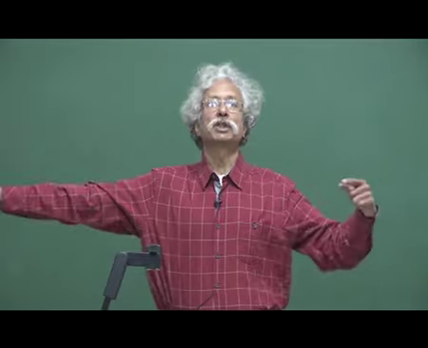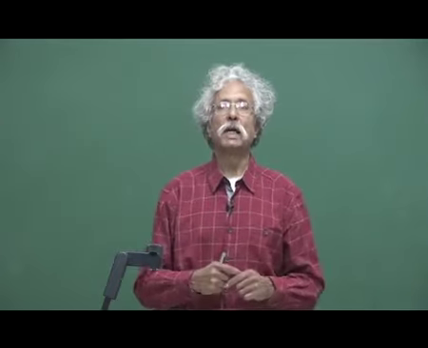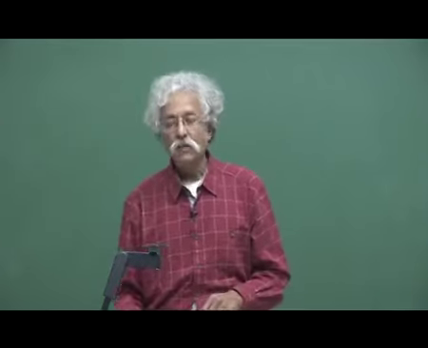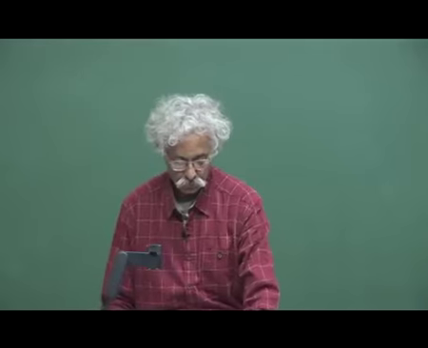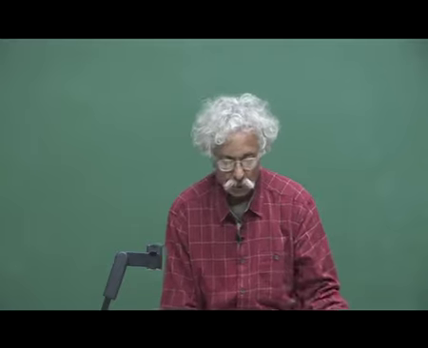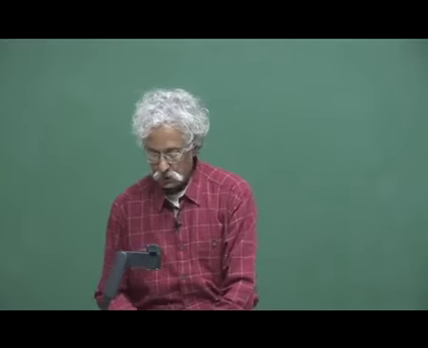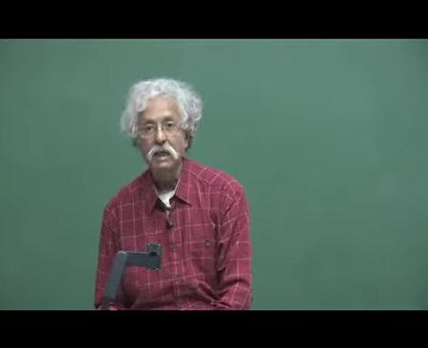For distances very large compared to the size of the dipole, it acts like a point dipole, and these are the magnetic fields produced by these dipoles along the axis of the dipole and in the plane containing the dipole.